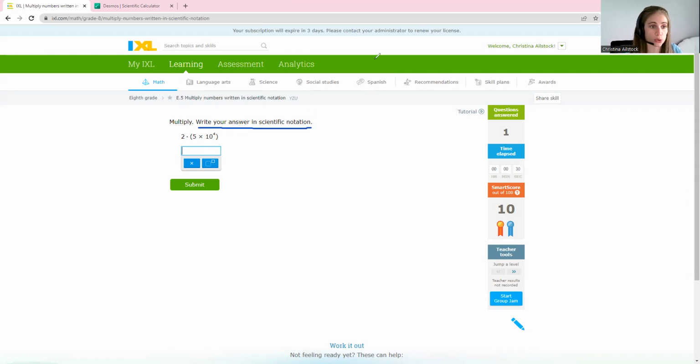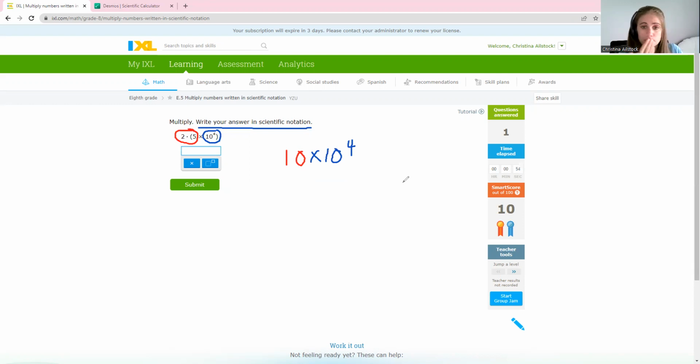Well, let's group together our coefficients, which would be our 2 and our 5, and we can multiply those. 2 times 5 is 10. And then I don't have any other numbers written in scientific notation that has a base of 10 for me to do that multiplication. So it just stays times 10 to the 4th.